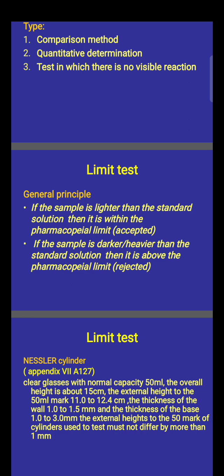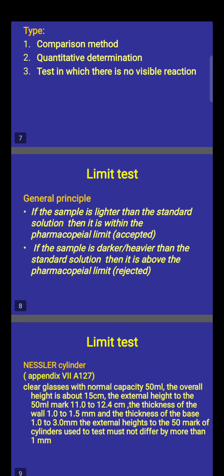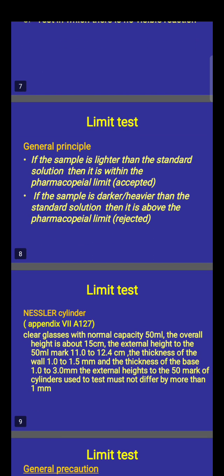It means the limit test is carried out to find the impurities present in the sample. For that we have to compare two solutions. The first solution will be the standard and the second will be the test. Test means the compound from which we have to determine the impurities.